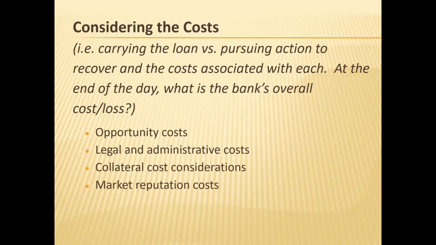Okay, so you need to look at opportunity costs. For example, what are the pros and cons of taking action now as opposed to delaying? If you delay, you run the risk of your judgment being statute barred, or your ability to collect your debt because it's statute barred.